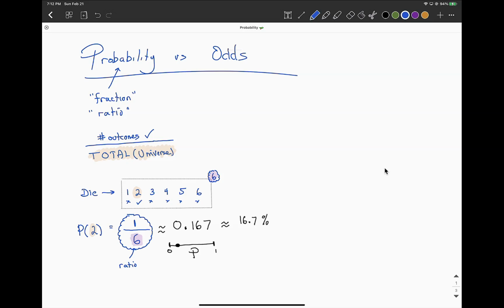Now, using the same sample space, we were supposed to also be able to do odds. Odds in my brain are more of a way of comparing, and for us to figure out what's more likely, getting what you want versus what you don't want. Now, this is more of a side-by-side ratio.